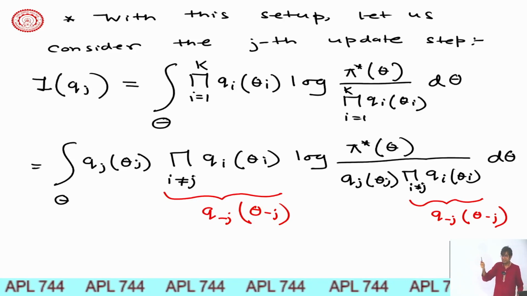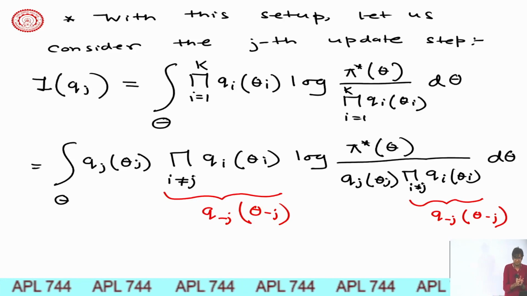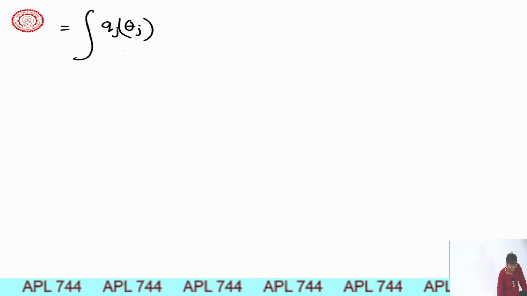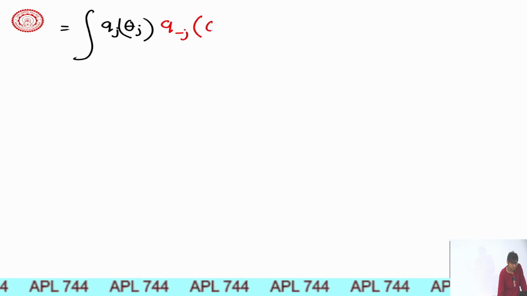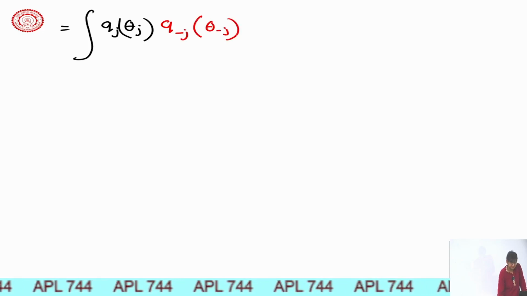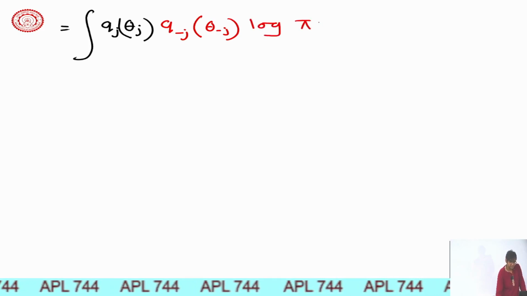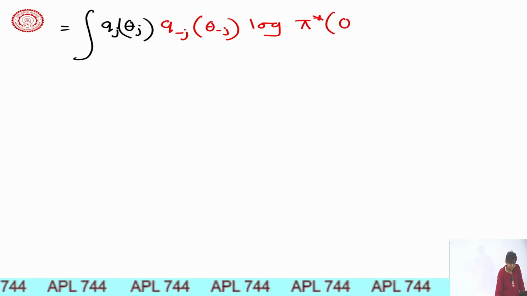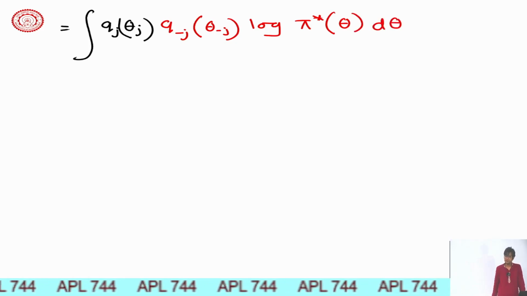If it is 1, 2, 3 and j equal to 2, it will be 1 multiplied by 3. The 2 I will skip. So the first term will become q minus j theta minus j, and then log of pi star theta d theta, right? This is the first term.